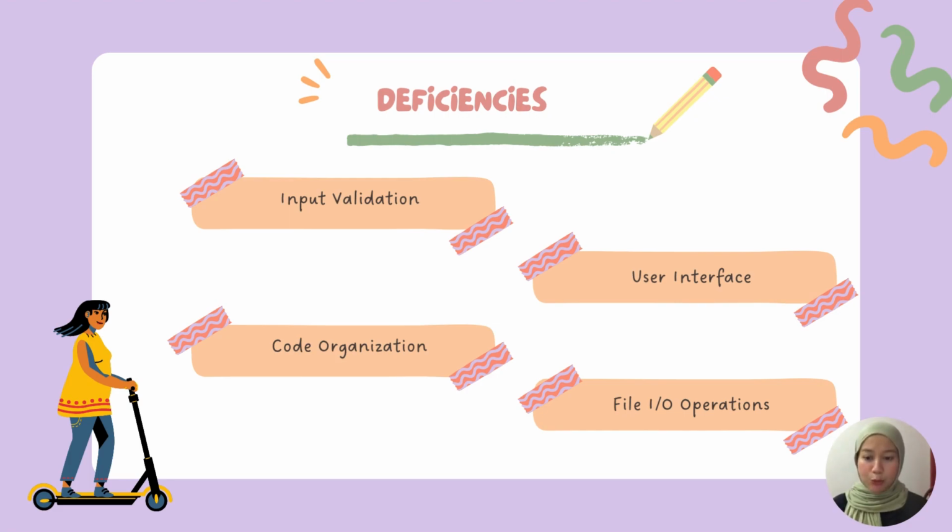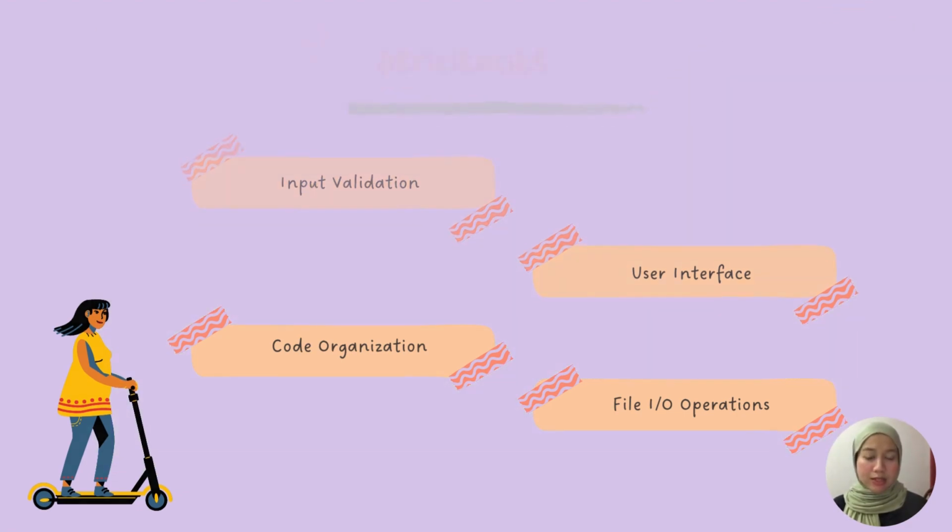File input and output operations suffer from hard-coded file names and a lack of error handling. The use of system CLS for screen clearing may lack portability. Addressing these issues through enhanced input validation, improved user interface design, code refactoring, and better error handling is crucial for overall program reliability and user friendliness.